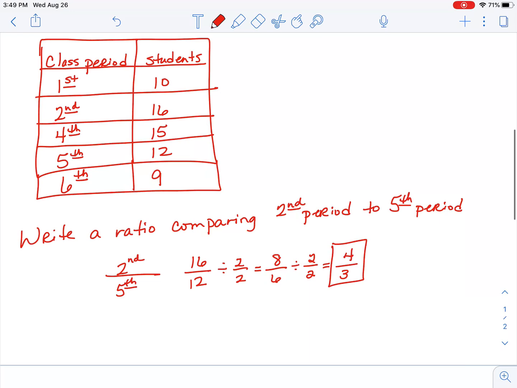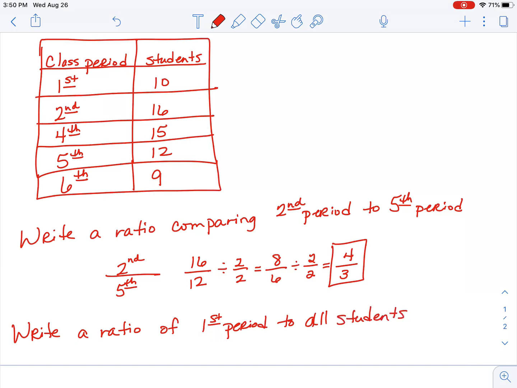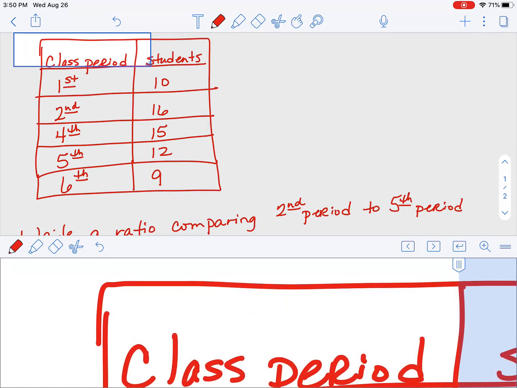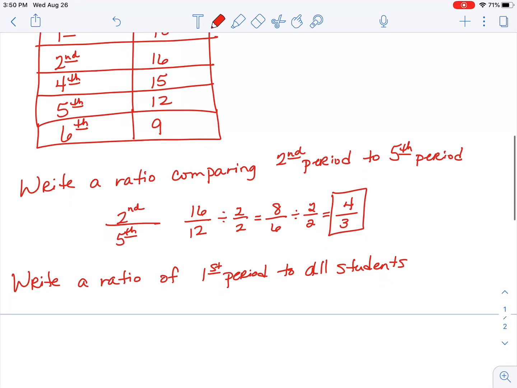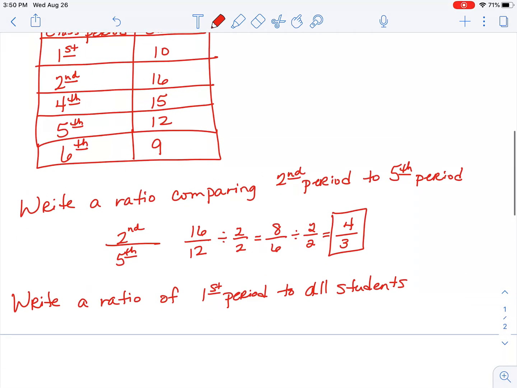Okay, what if I said write a ratio of first period to all students. Okay, so first period, there are 10 students. And all, so that means I've got to add all of these up.